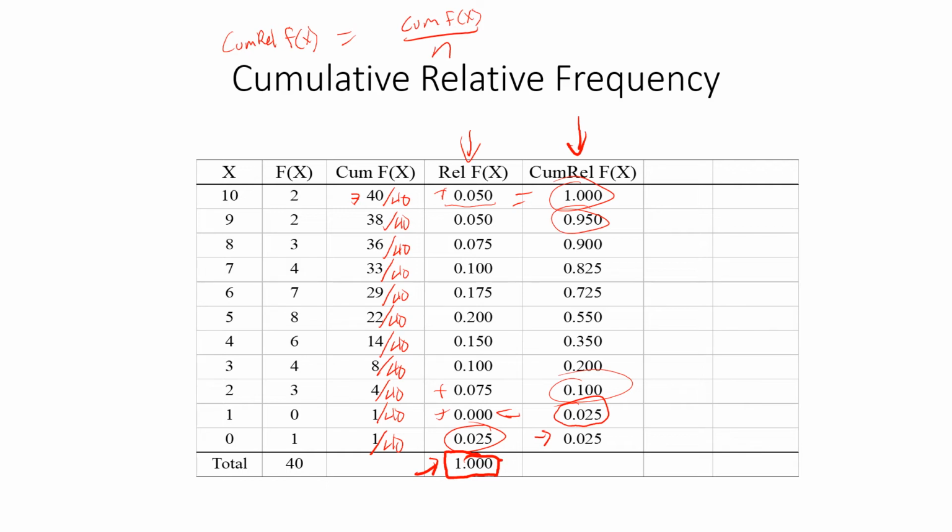But what you've got down here equals what's at the top here. And if you take your cumulative frequency and divide by n at the top, you're always going to get 1.00 here.